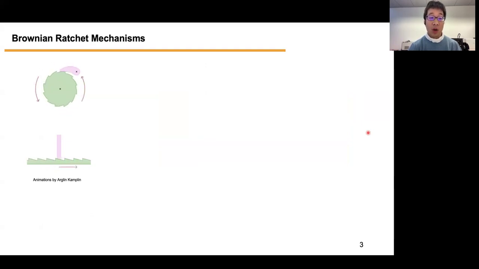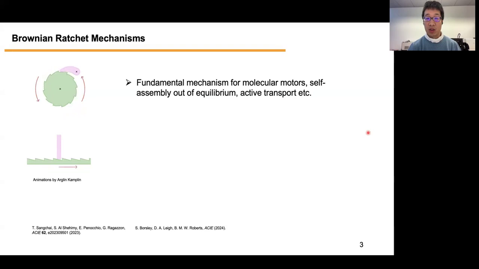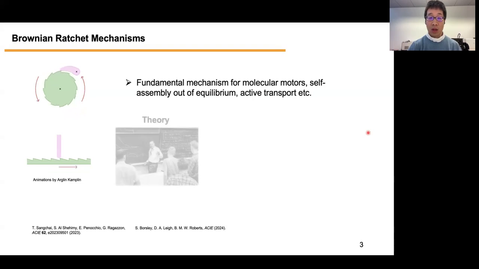They rectify random Brownian motion at the microscopic scale to generate directional motion, just like macroscopic ratchet mechanisms do. And they are the fundamental mechanism for example for molecular motors, but also for other types of systems, such as self-assembly out of equilibrium, active transport, and so on.